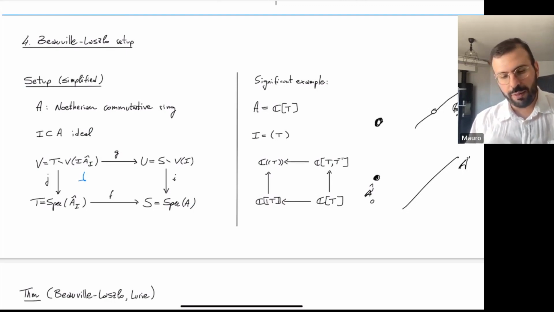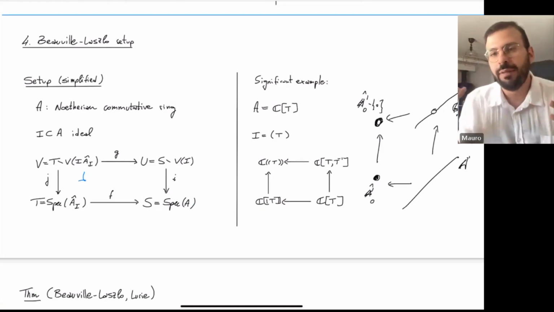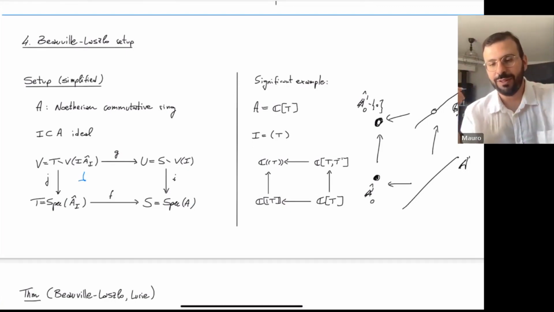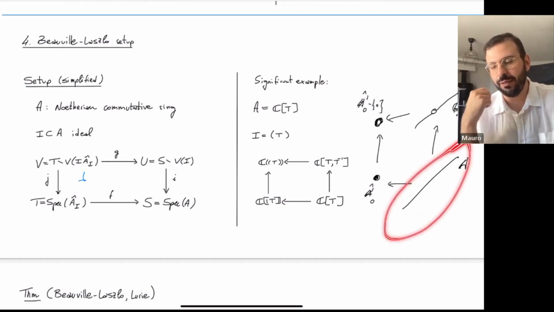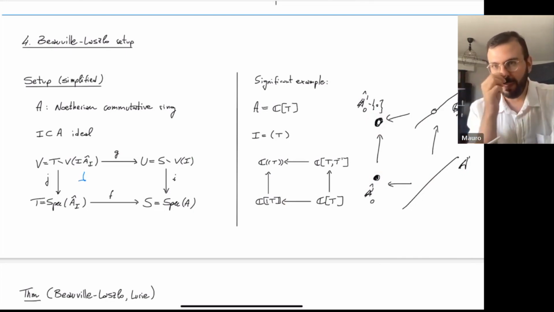So A1 minus 0. So this is what this picture looks like in geometric terms. And if you think in very differential geometric terms, you expect to be able to construct sheaves on this thing, knowing sheaf on the open, sheaf on the fat point, with a gluing datum on the punctured thick point.